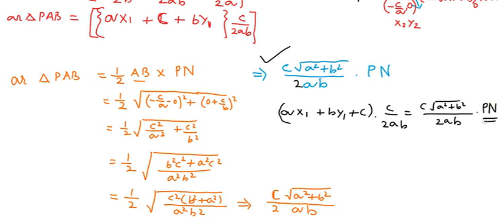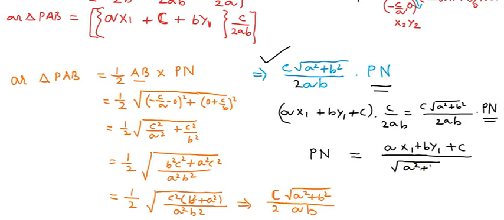Remember these things. So PN will be equal to (Ax1 plus By1 plus C) upon under root A square plus B square.